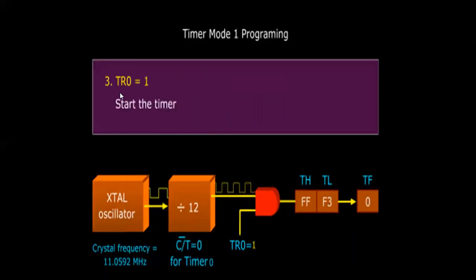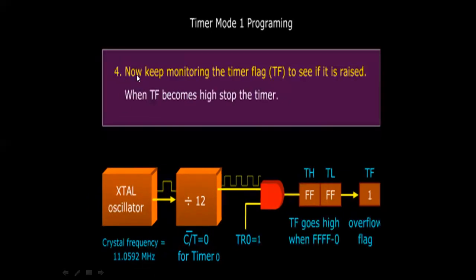F2 now became F3. Then start the timer, that is TR0 equal to 1. Now keep monitoring the timer flag, that is the TF flag, to see if it is raised. What should be done when TF becomes high? We should either stop the timer or repeat the process by reloading the values in TH and TL.